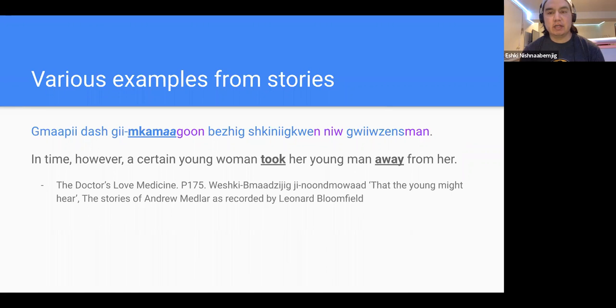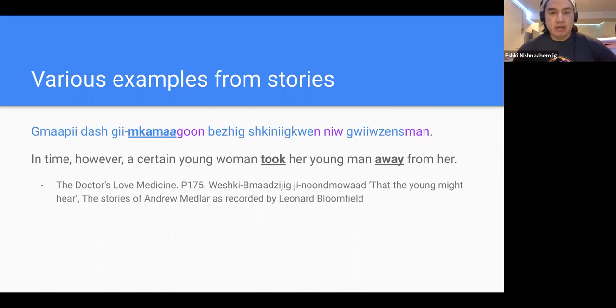So in this case, it's the shkinikwen that's doing it now because it's the gun, and she took away new guizentman. So there's two obviative actors happening here. But the person that they took it away from her, she's not in the sentence. It's kind of just going along in the story.